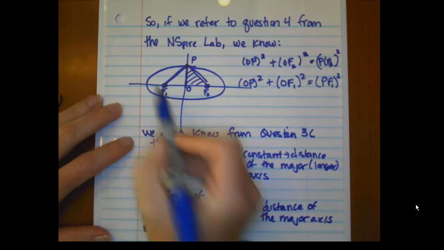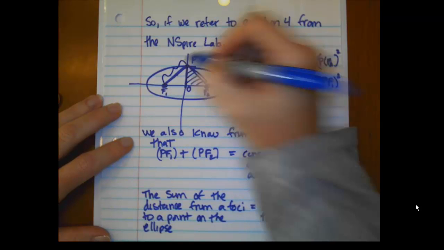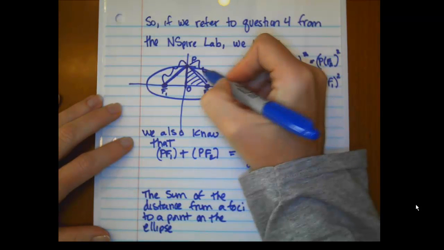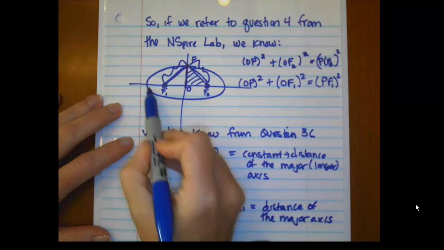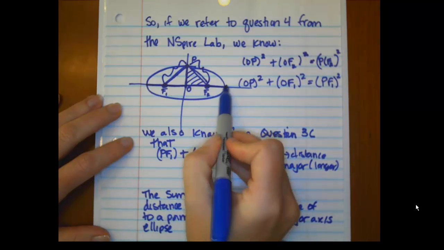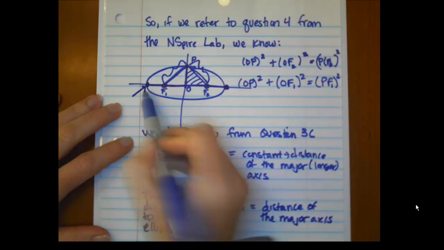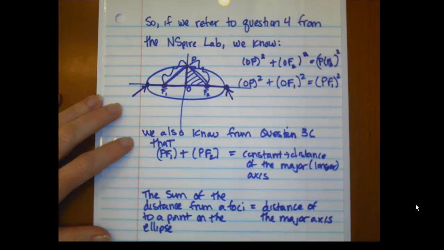So again, if I take this distance right here plus this distance right here, it is equal to this major axis from this point to this point.